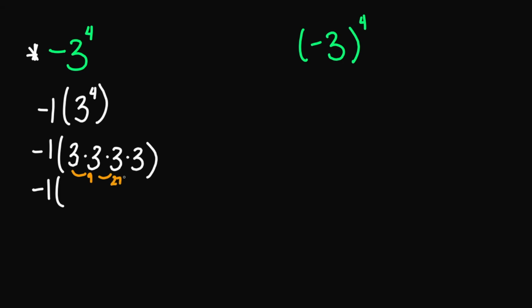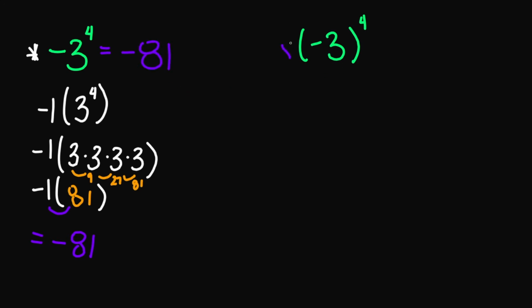And then 27 times 3 is 81. So inside my parentheses here, I'm going to get 81. Now I have 81 times this -1, so this is going to give me -81. So in this example, you're going to get -81 as your answer.